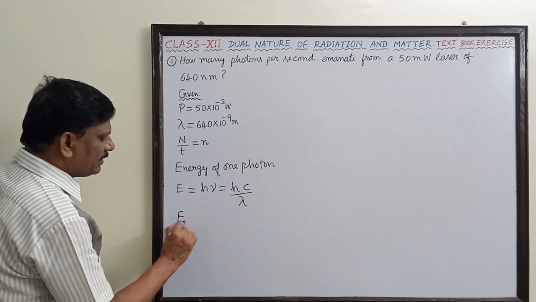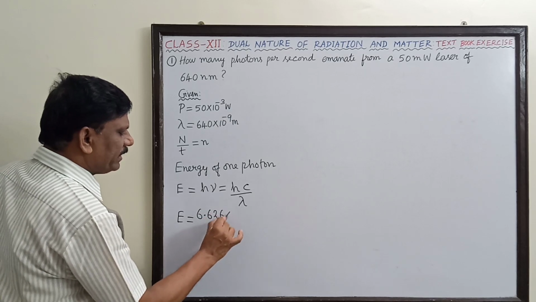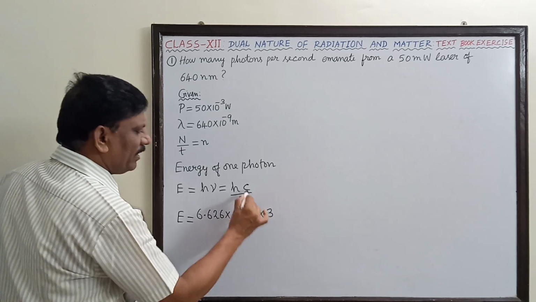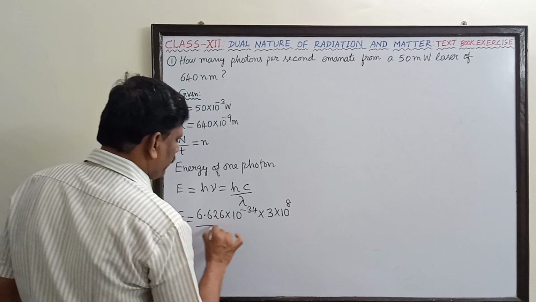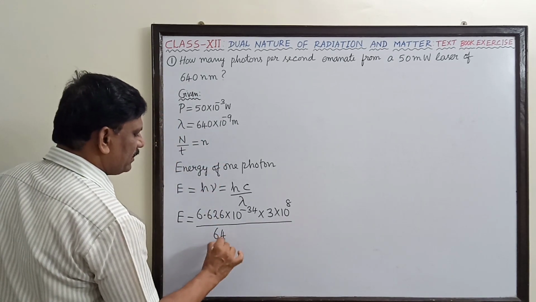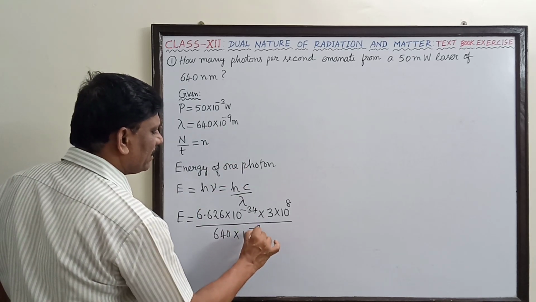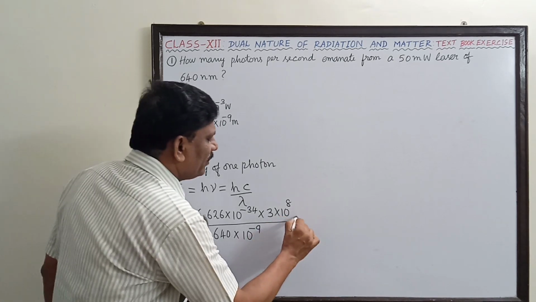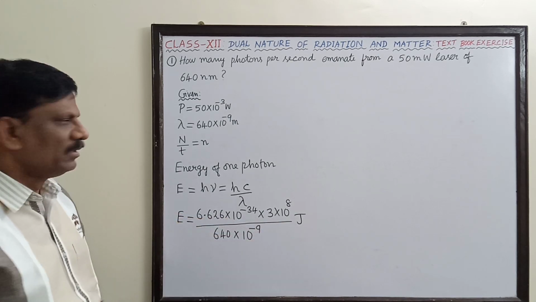So this E is now equal to, the value of h is 6.626 into 10 to the power of minus 34, and the value of velocity of light is 3 into 10 power 8, divided by 640 into 10 power minus 9. So this is the energy of one photon in joule.